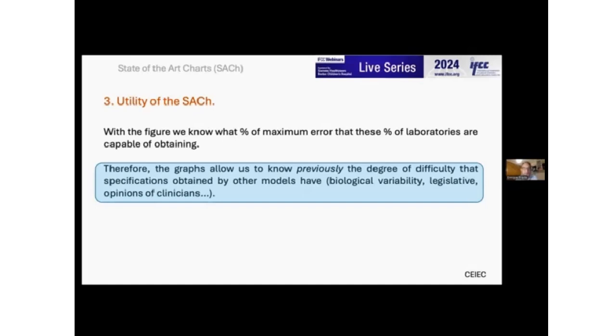How do we obtain the minimum consensus specifications through these state-of-the-art graphs? Well, my colleagues have already been outlining our premise, our golden rule.